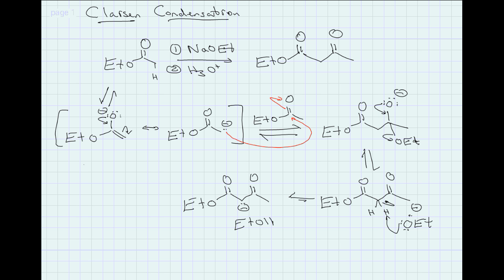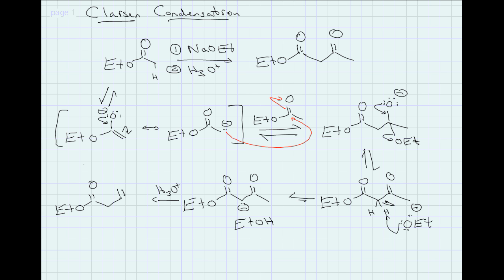And this is step one in the process, and the second step is to add acid. And as you can imagine, all we do in that step is protonate this negative charge here to generate our final product. So once we treat that with H3O+, so this is the second step, then we end up getting our final product. So this is a Claisen condensation.